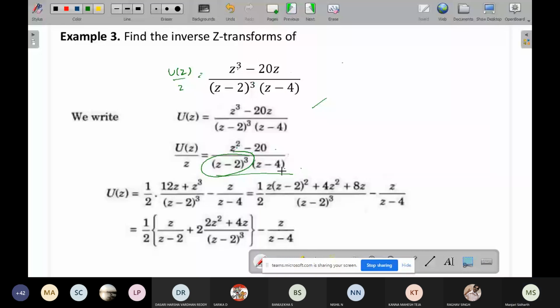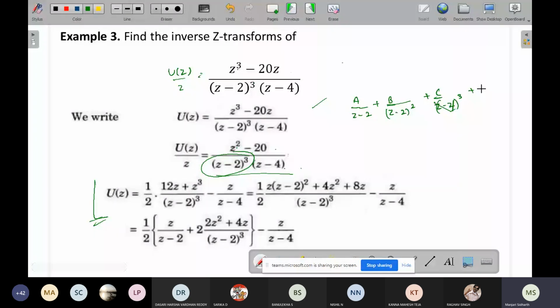So try with partial fraction: a by z minus 2 plus b by z minus 2 whole square, because these are the factors, plus c over z minus 2 whole cube, then d over z minus 4, right?